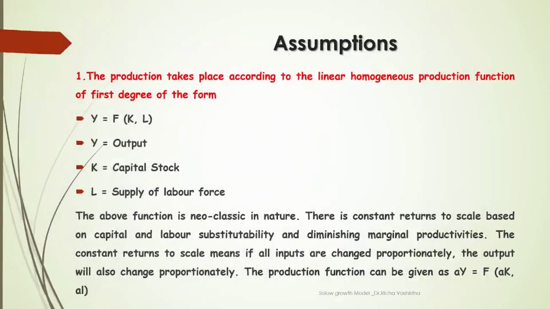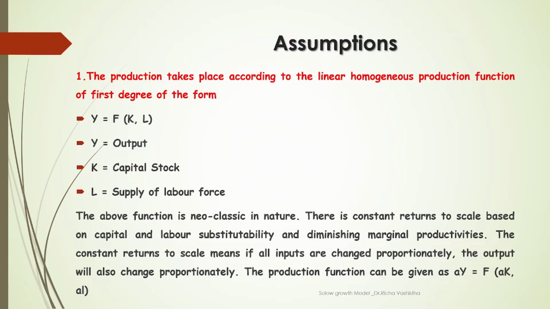Further, there are certain assumptions, of course, like any model has. The first assumption is that production takes place according to a linear homogeneous production function of degree 1. Here you can see the function is Y = F(K, L), where Y is output, K is the capital stock, and L is the supply of labor force in the economy.